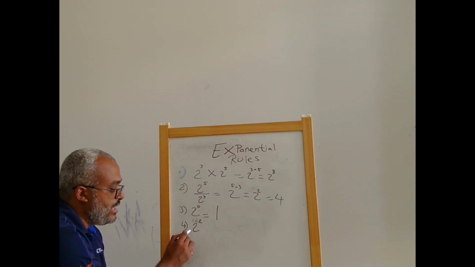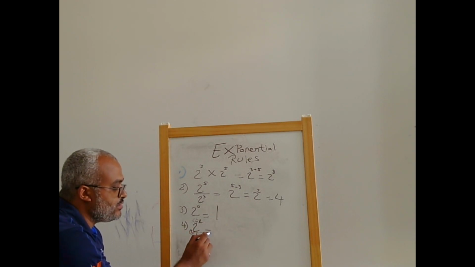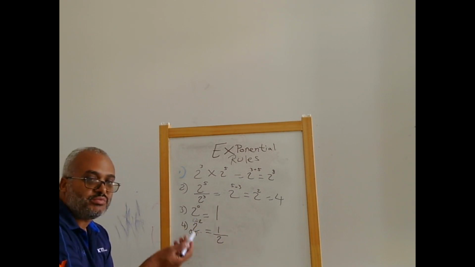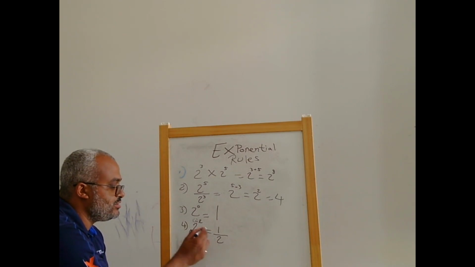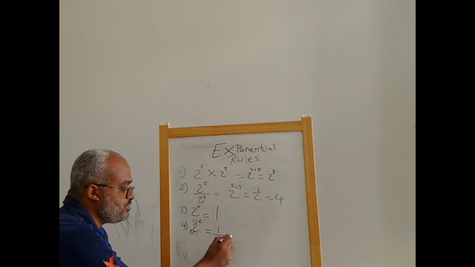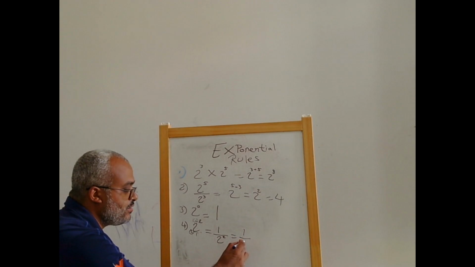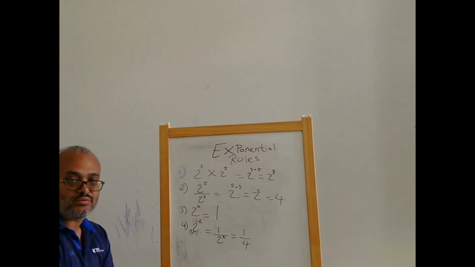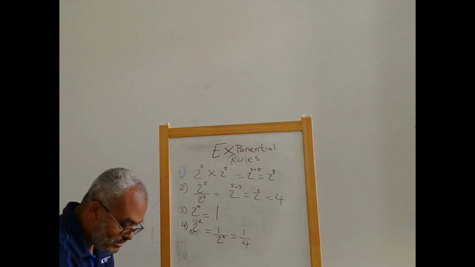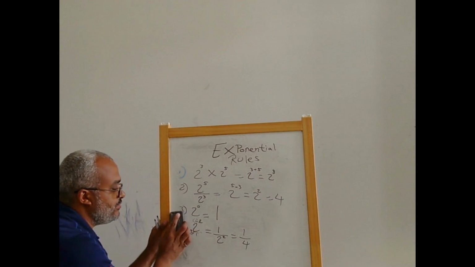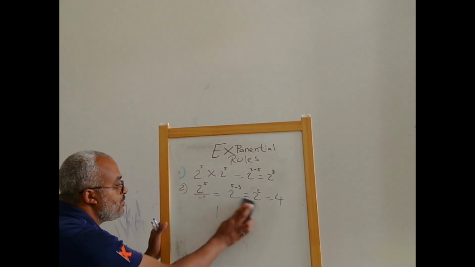Remember, I pretend there is a 1 here, and I flip it. So it will be equal to 1 over 2 squared, the negative becomes positive, which is 1 over 4. That's correct.